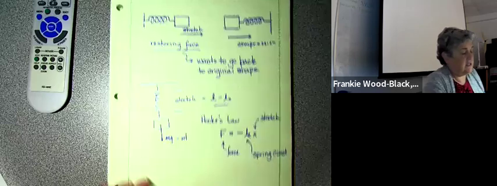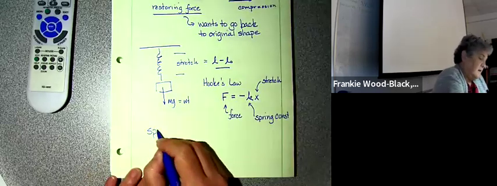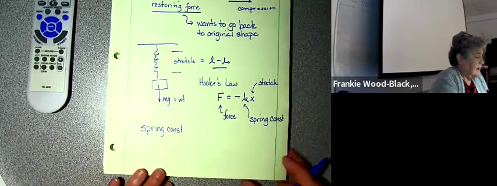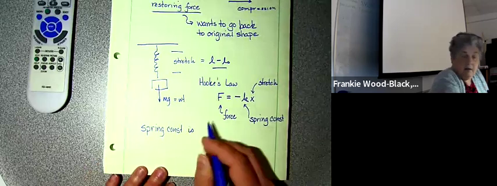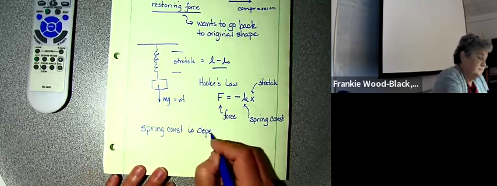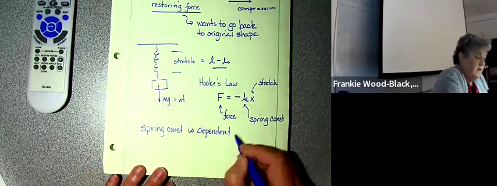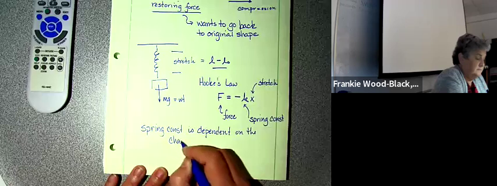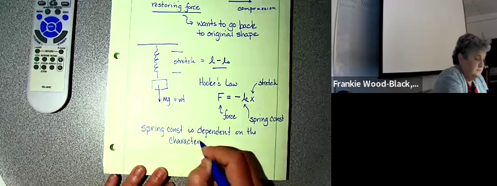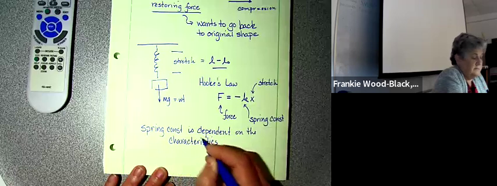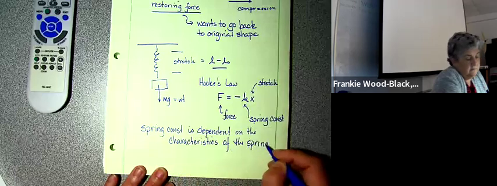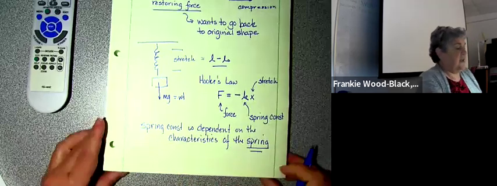And this spring constant is dependent on the characteristics of the spring. So think about that. Let's see, I probably have one around here.